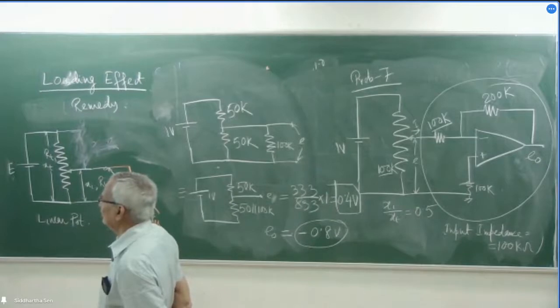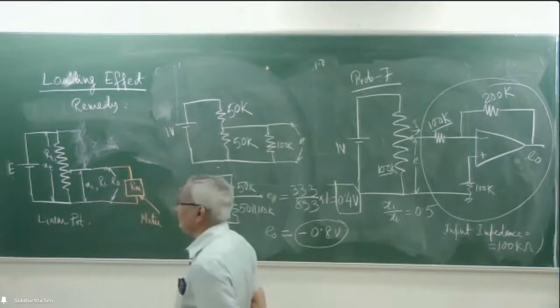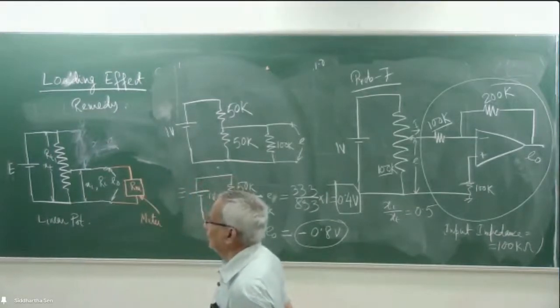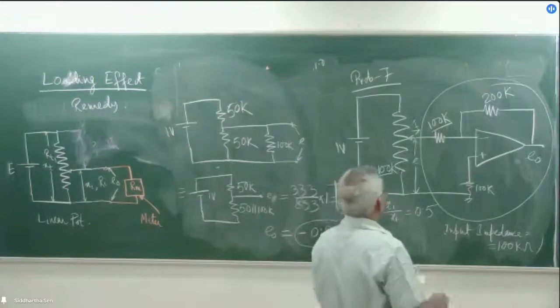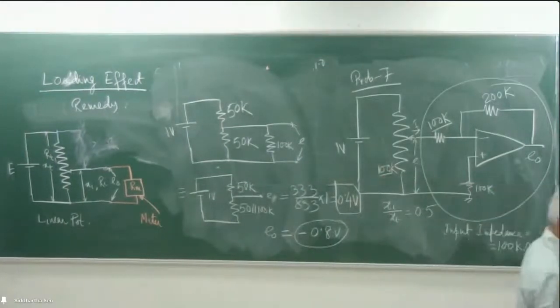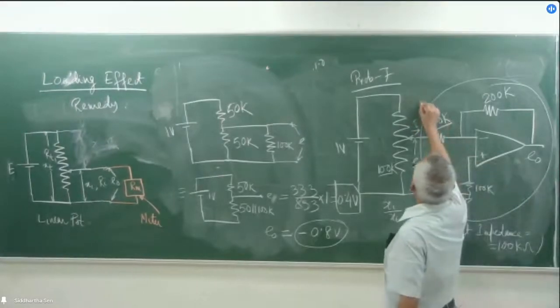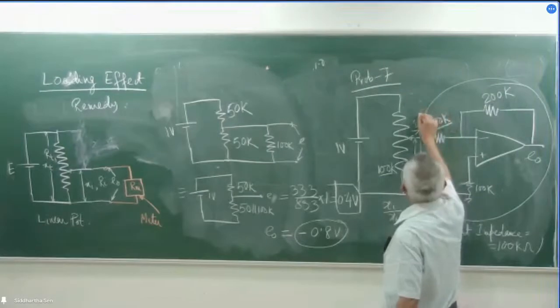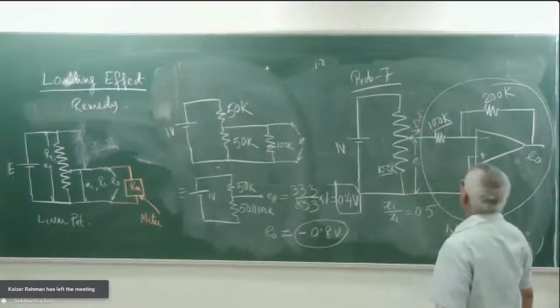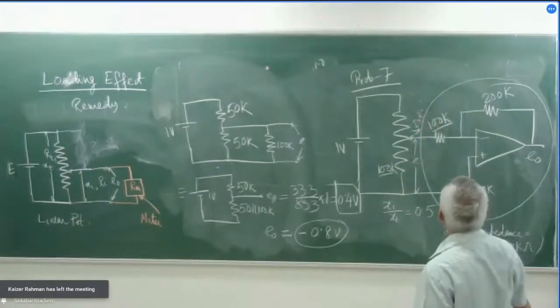Aditya Basu, what is your opinion? We'll add a 100 kilo ohm resistance there. Where? In the earlier circuit you suggested. Okay, here. Yeah, that is A there.